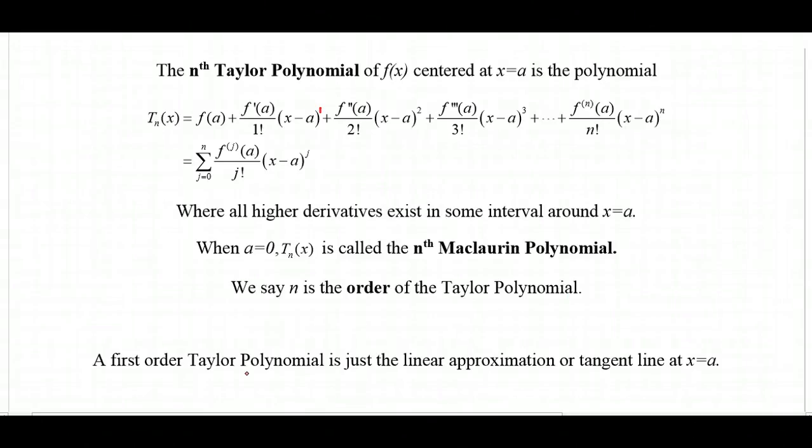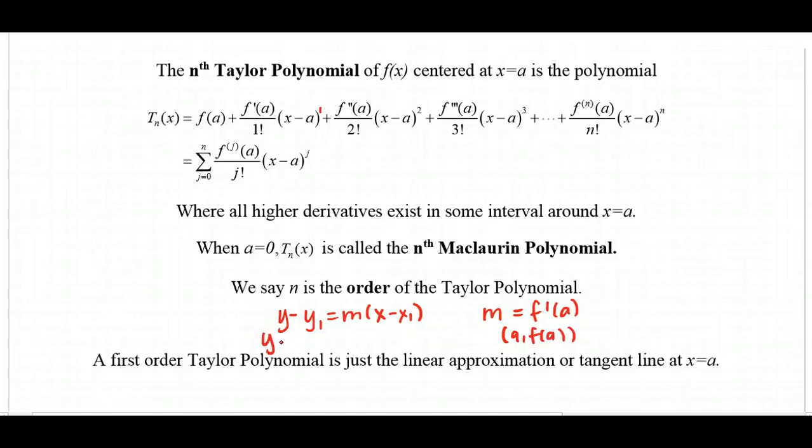So a first order Taylor polynomial is just the linear approximation or tangent line at x equals a. And let's think about that for a second. So for a tangent line, we use y minus y1 equals m times x minus x1. And we fill in our values. So our m is always equal to f prime of a, and our point is a, f of a.